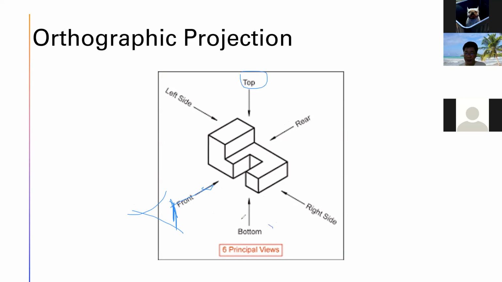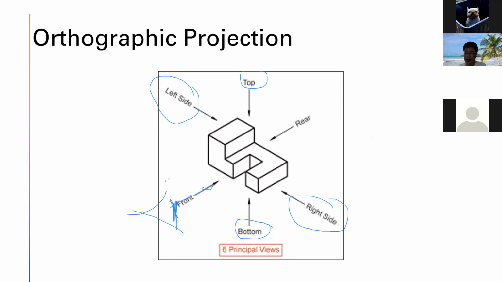The one below is called bottom view. The one on the right side to you is called right side view, and of course, the left side to you is called left side view.